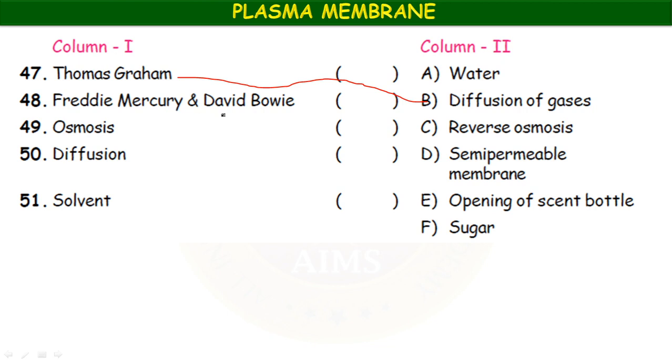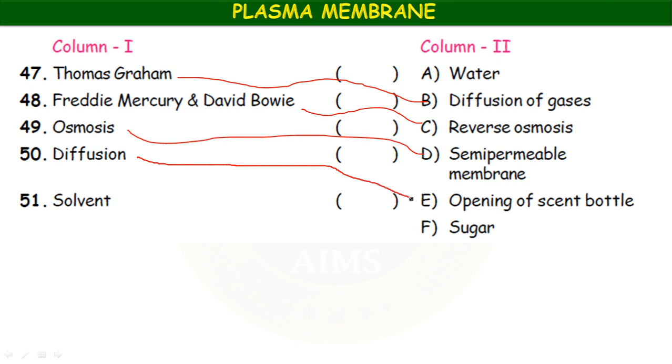Freddie Mercury and David Bowie, they introduced the concept of reverse osmosis. Osmosis involves the participation of a semi-permeable membrane. Diffusion: when the scent bottle is open, the fragrance spreads by means of diffusion.